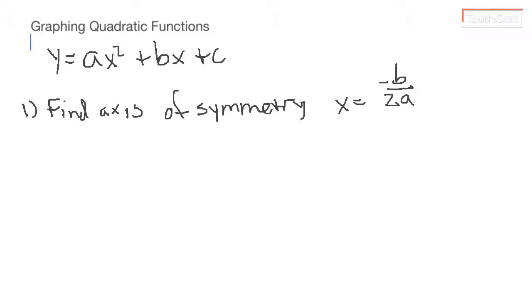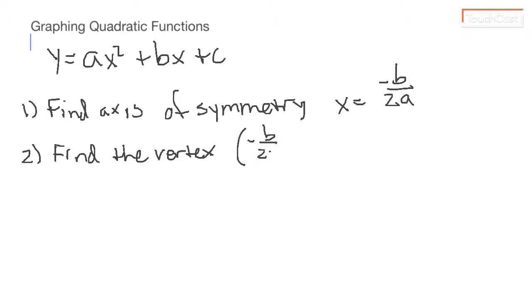Once we've found that, what we can do is find the vertex. Which the vertex is going to be a point where we take our axis of symmetry, negative b over 2a, and I'm going to put a notation here that might look a little weird, but all it means is we're going to take x and we're going to put it back into the equation.